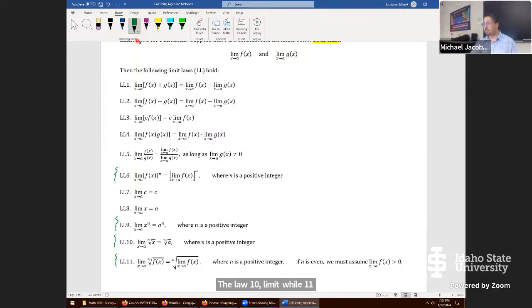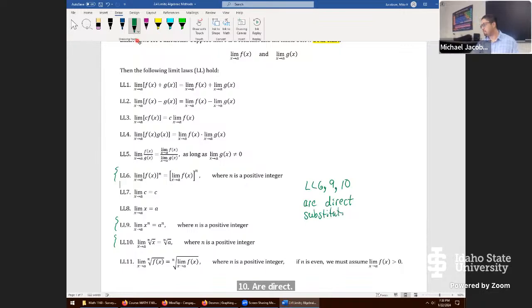I would say for all those limit laws, maybe not as much limit law 11, let's take that off. Limit laws 6, 9, 10 are direct substitution properties.